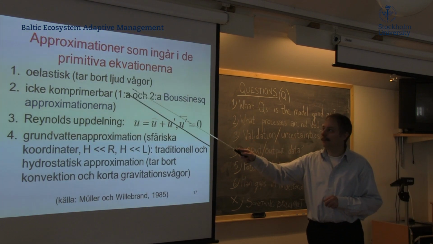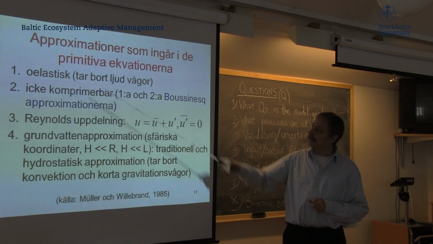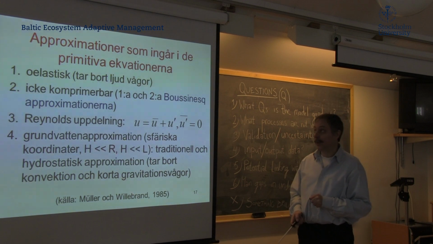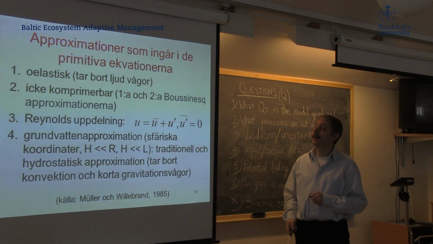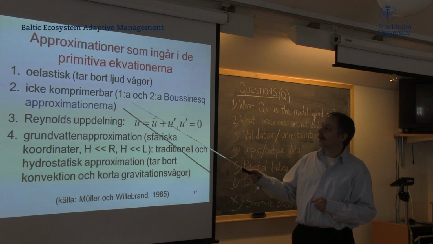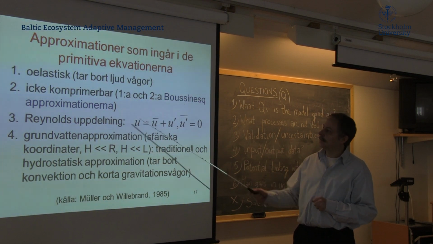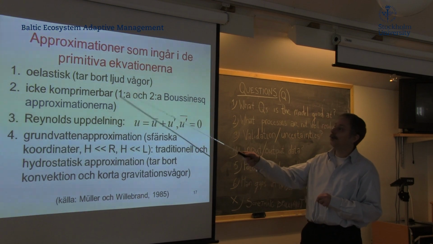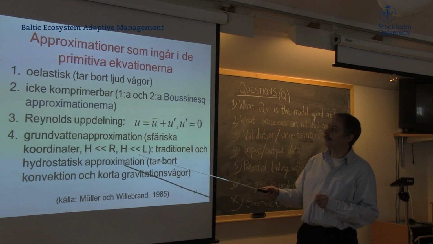First of all, it's an anelastic approximation, so the sound waves are not included, and this is actually something that lets you choose a reasonable time step for your model. Then there's the Boussinesq approximation, an incompressible ocean, that has some consequences.